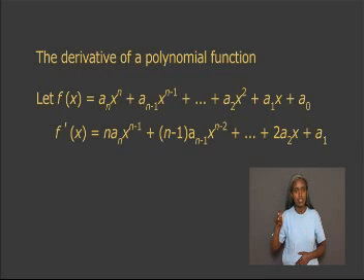n a_n x to the power of n minus 1 plus (n minus 1) a_(n minus 1) x to the power of n minus 2 and so on to 2 a_2 x plus a_1.